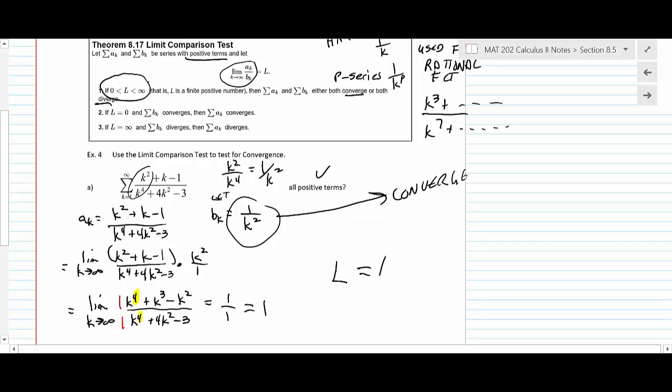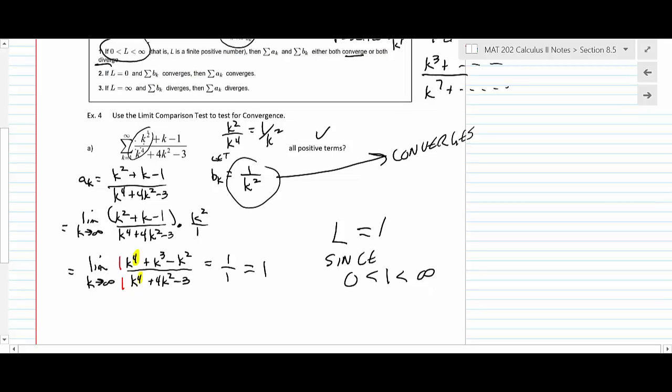And since this is finite, since you would end up having 0 less than 1 less than infinity, you can conclude that this series is going to converge. You've got a convergent series, and you've got a finite answer. That means you can draw your conclusion. So we'll say therefore the series that we're working on is going to converge.